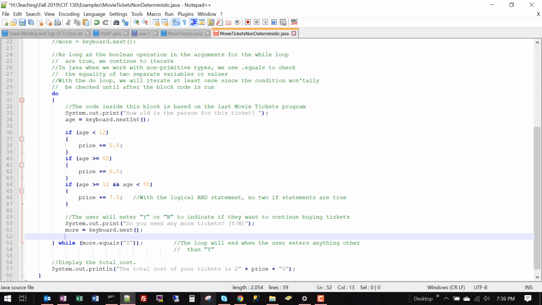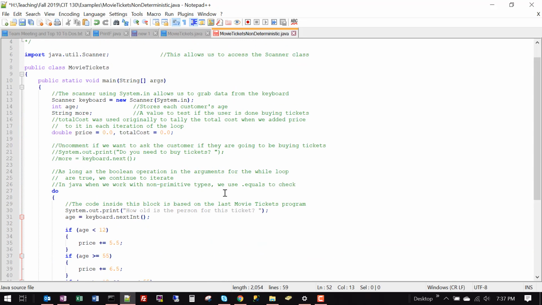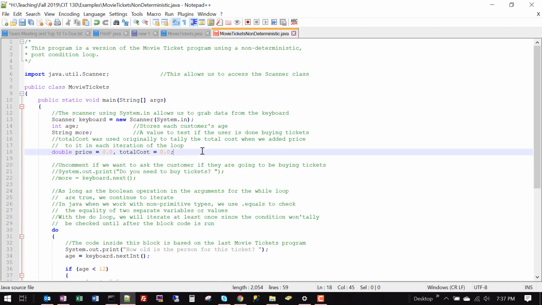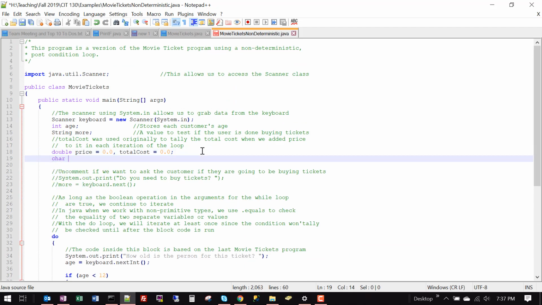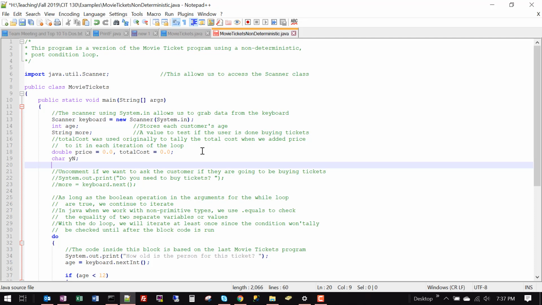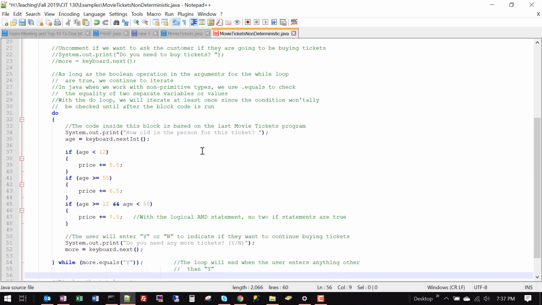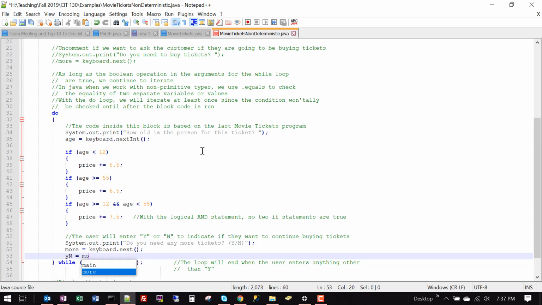We could create a variable, and if you remember, we generally like to create our variables at the top. So I'm going to make a char variable called yn, just to mean yes, no. And I'm going to do something kind of new: yn equals more dot charAt(0).